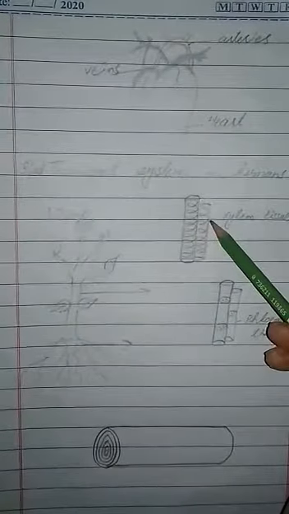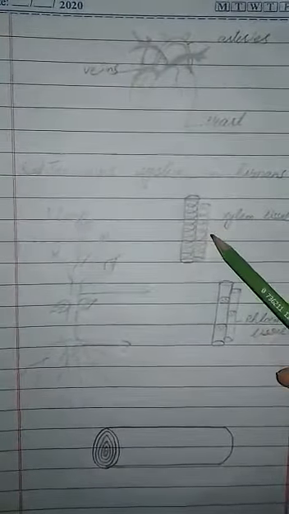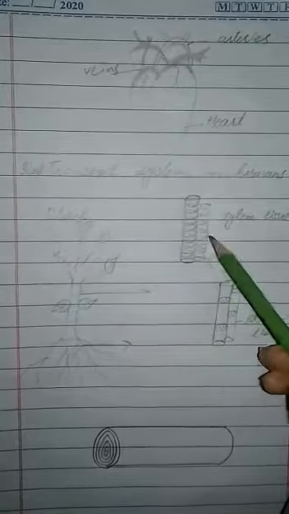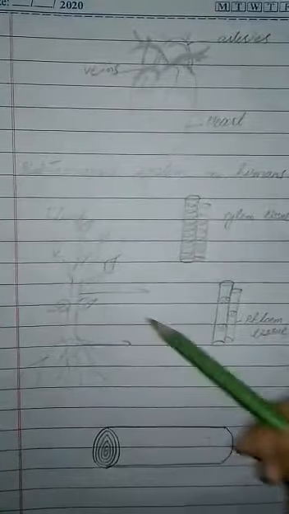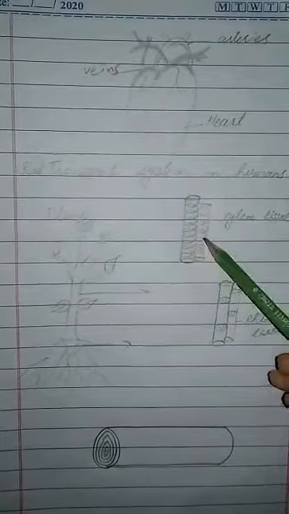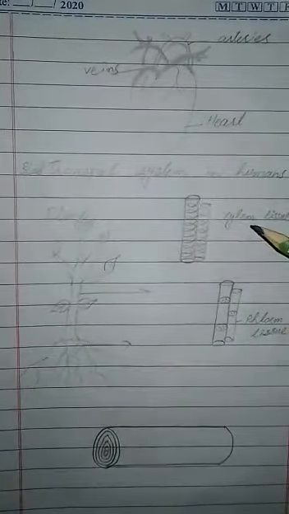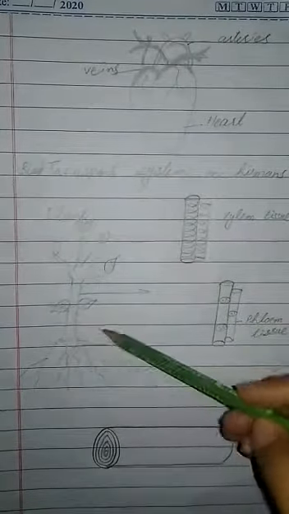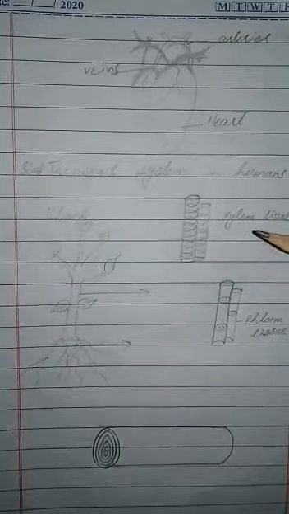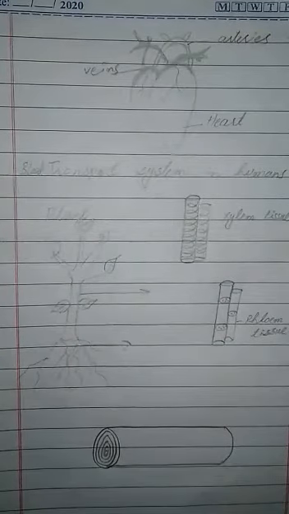These tubes are thickened and very strong, so they support the plant. Because xylem is thickened, it makes wood. Xylem tissues make a ring. New xylem tissues are formed every year, forming a ring.